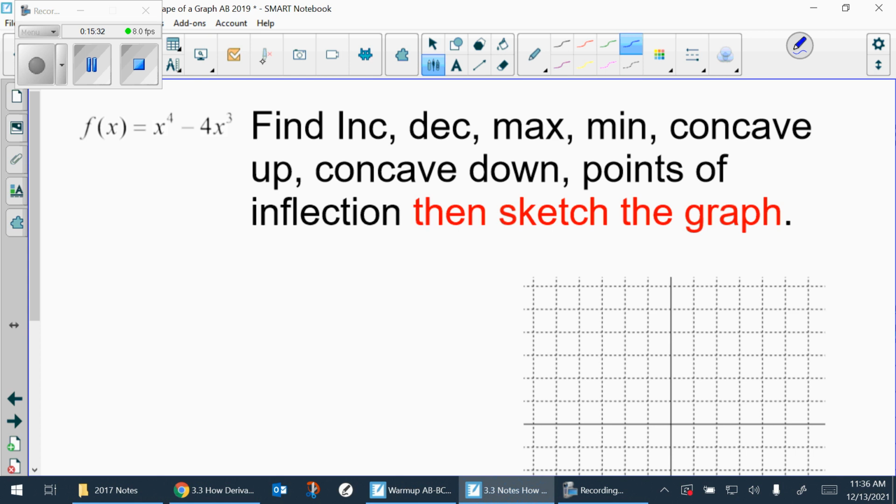Okay. First derivative. If we want to know anything about increase, decrease, max, min, we're going to use the first derivative, and f prime of x is equal to 4x cubed minus 12x squared. And I am interested in finding the critical values, so I'm setting that equal to 0. Now, to find out where this is equal to 0, I think I'm going to factor out 4x squared.